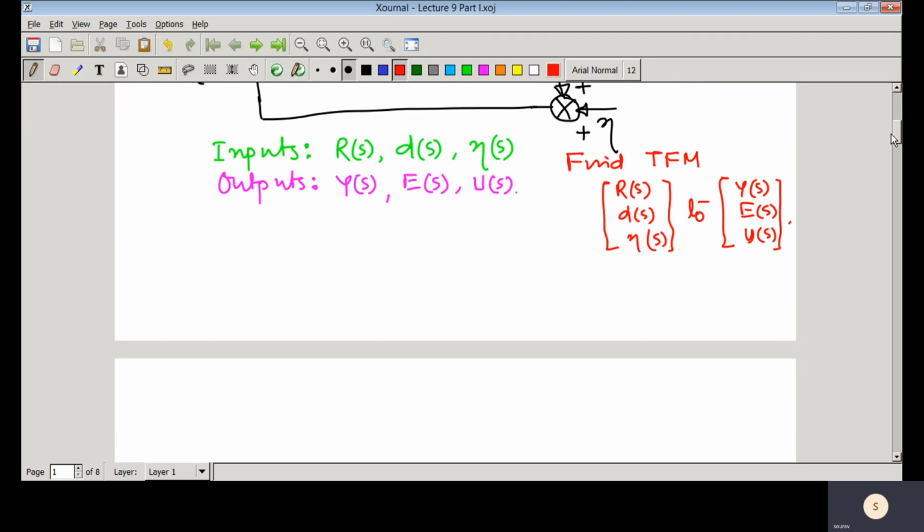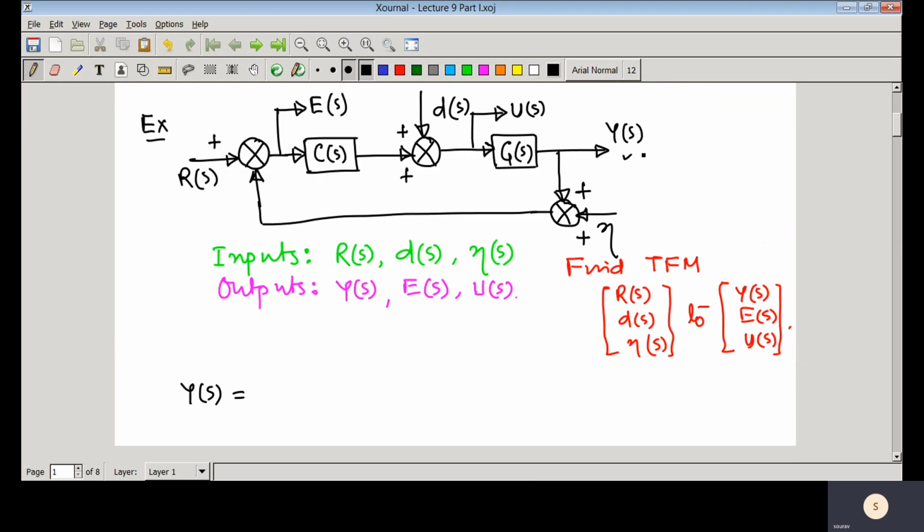So we need to just write all the algebraic equations. First we write YS. Here you can see that YS equals GS into DS, since DS is entering here and another signal is coming here. This signal is basically CS into ES.